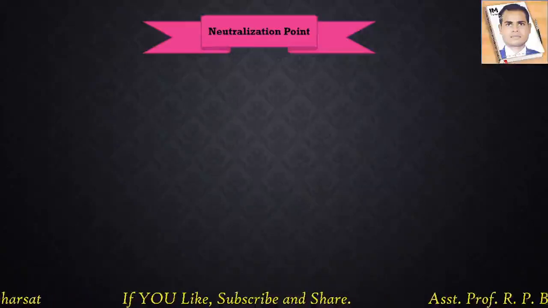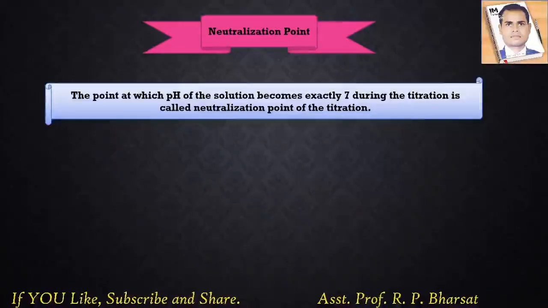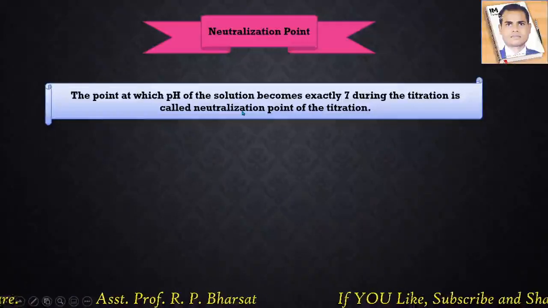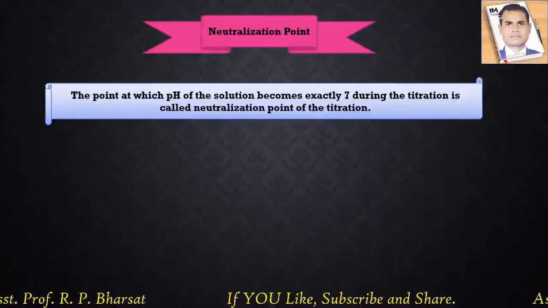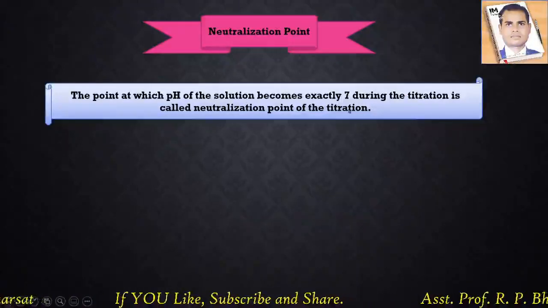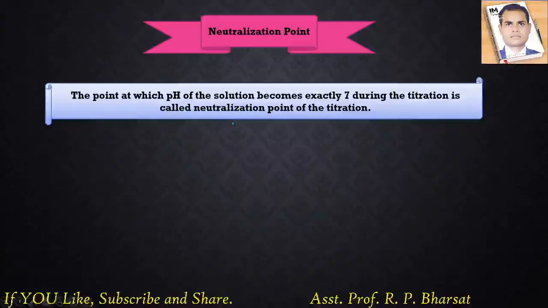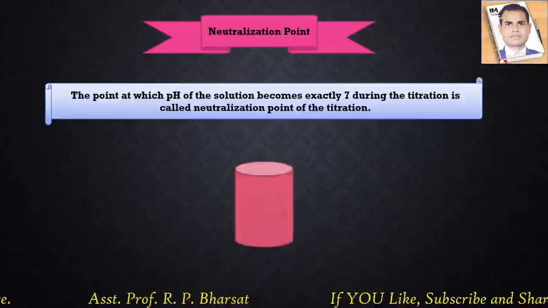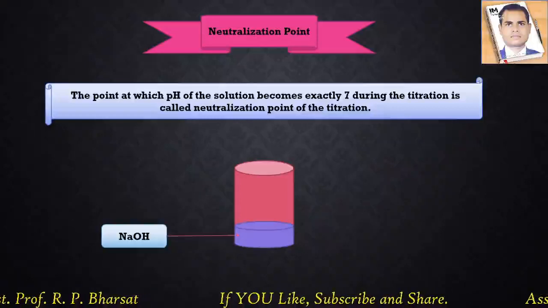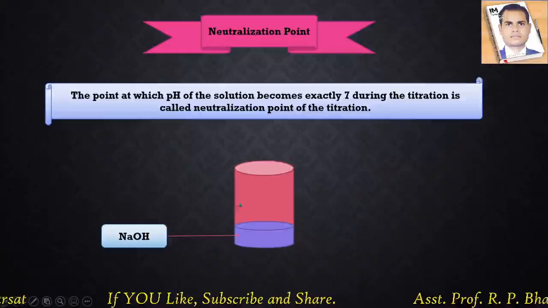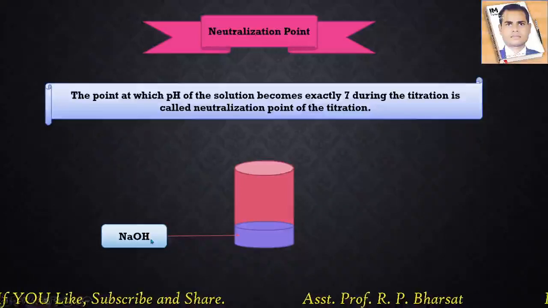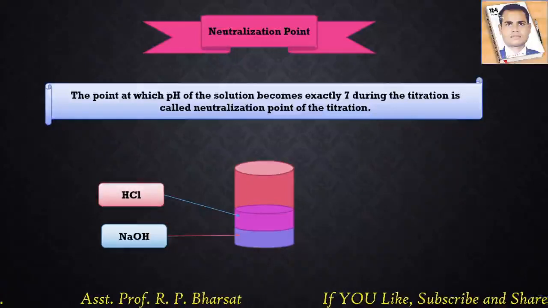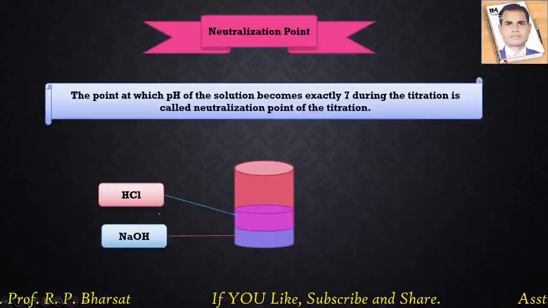neutralization point. The neutralization point is the point at which the pH of the solution becomes exactly 7 during the titration. If you are doing an acid base titration, here NaOH is the base, and you add the same amount of HCl, same amount of NaOH and same amount of HCl.